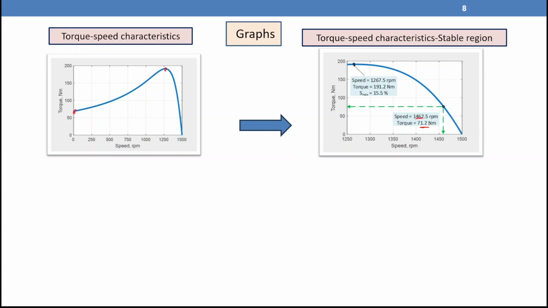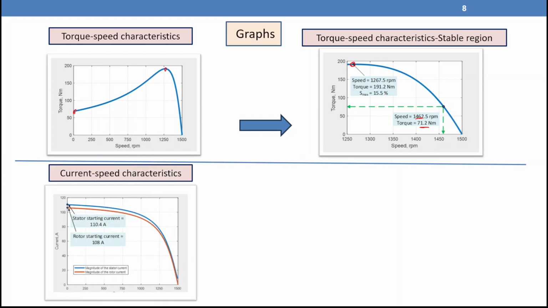We are going to record these values. So maximum torque occurs at 1268 RPM roughly, and the maximum torque is 191.2 Newton meter, and the slip for this point is 15.5%.